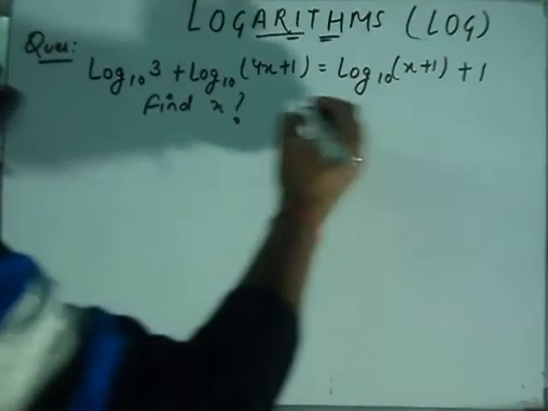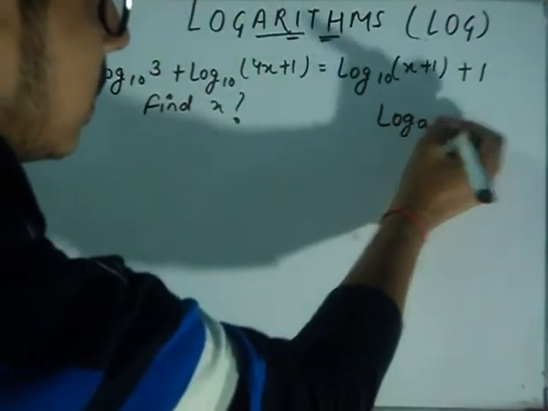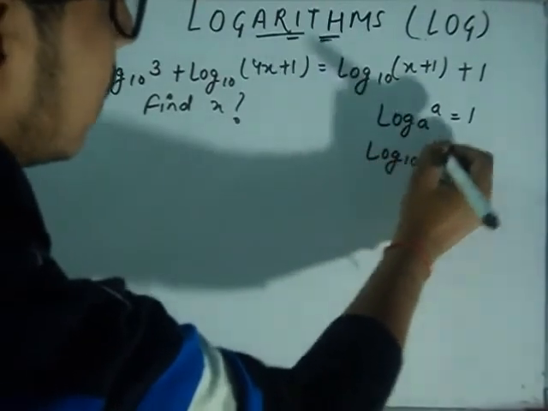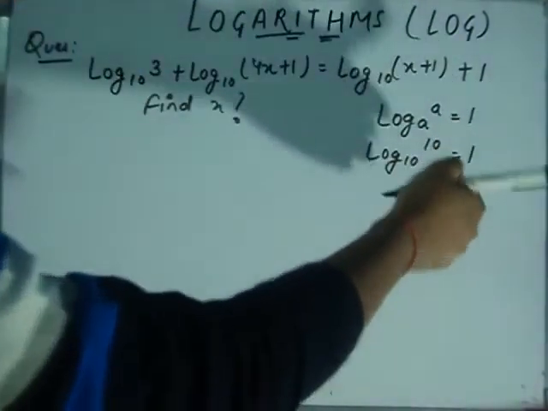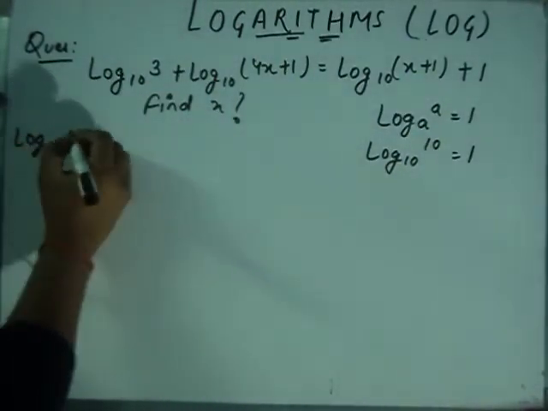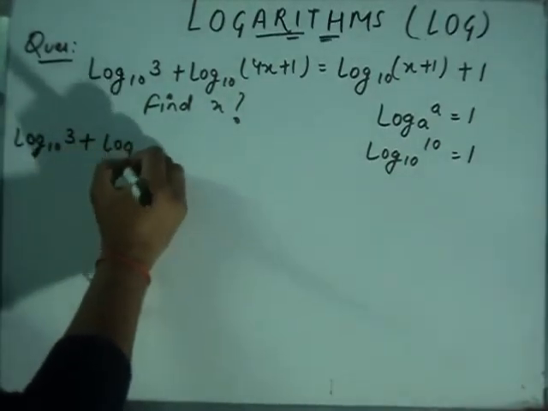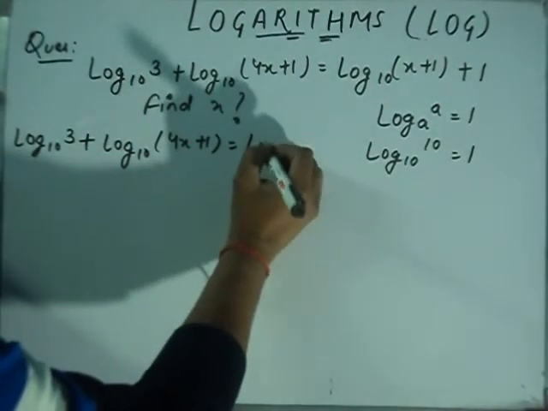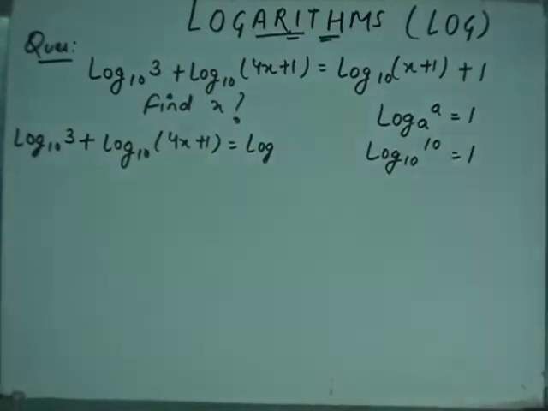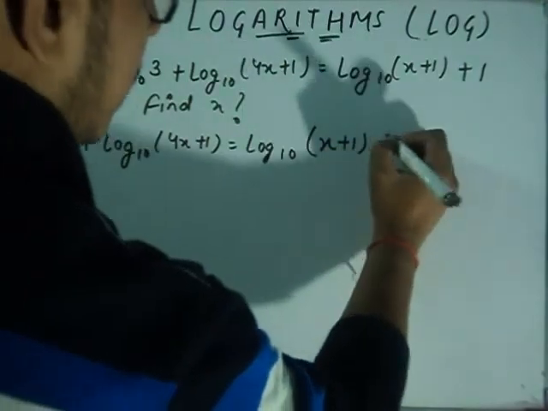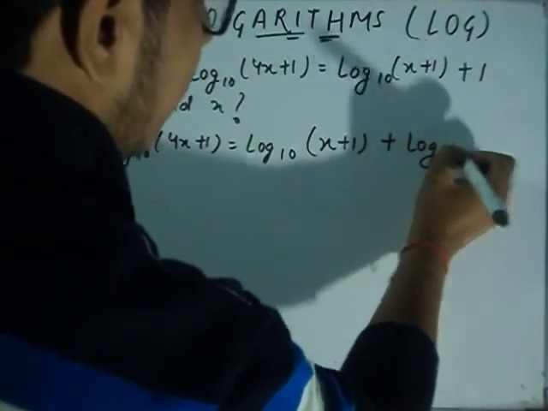So what we do, like, we discussed this property. Here we can convert this 1 into log form. So what we are having: log base 10 of 3 plus log base 10 of (4x plus 1) is equal to log base 10 of (x plus 1) plus log base 10 of 10.